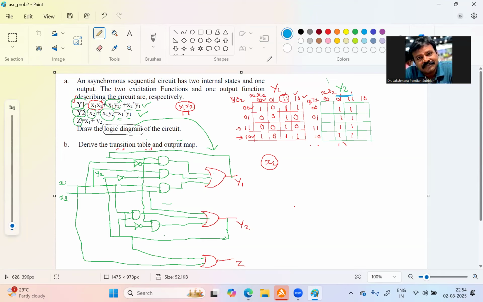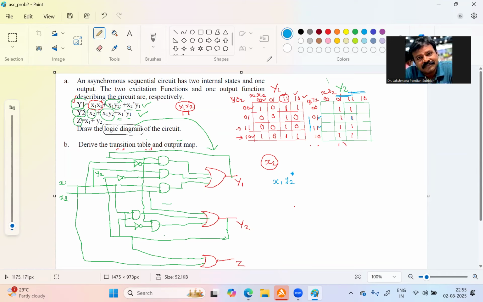Next we are having x1 y2. So x1 is 1 and y2 is 1: y2 is 1 in these two rows, and x1 is 1 in these two columns. So these two rows and two columns, we have to fill.